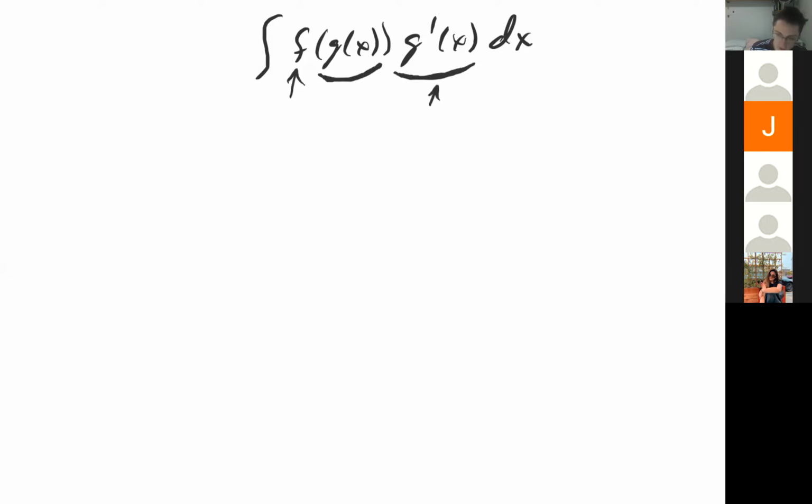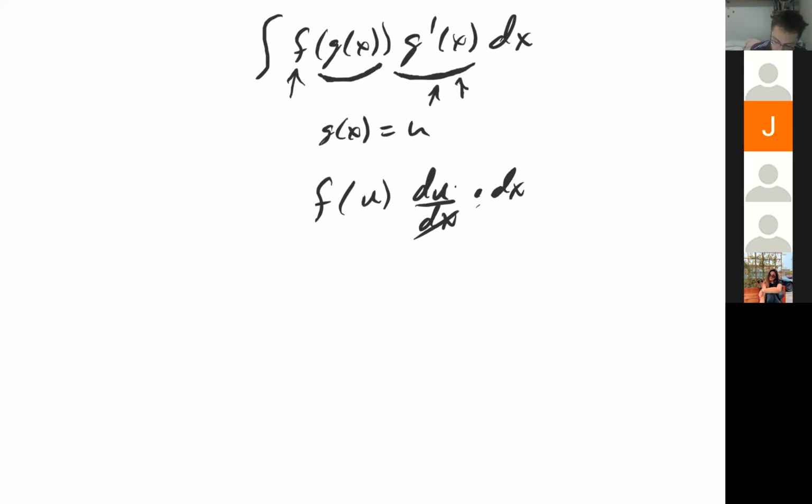So if you see something of this form, then the technique that you want to use is you can replace the function g of x by some variable u, and then you get f of u, and then because this is g prime, or derivative of g, you get du outside, and then u is a function of x, so it's really du dx, and then you multiply by dx, and you can cross these two out.